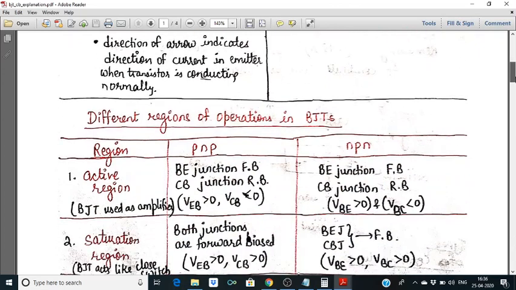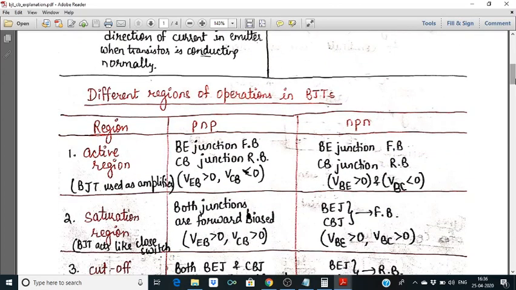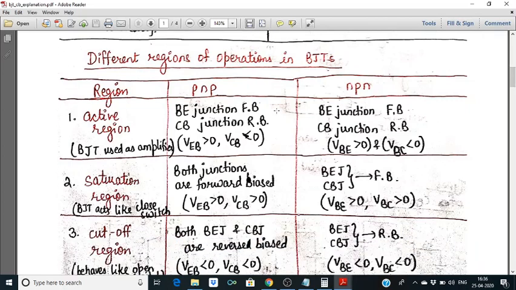According to the biasing of the two junctions, the emitter base junction and the collector base junction, we have different regions of operation. First, when the base emitter junction is forward biased and the collector base junction is reverse biased, we are in the active region, and in this region the BJT works as an amplifier.